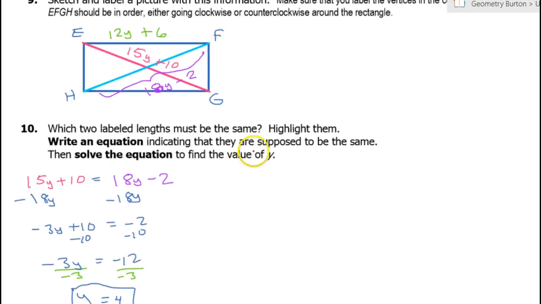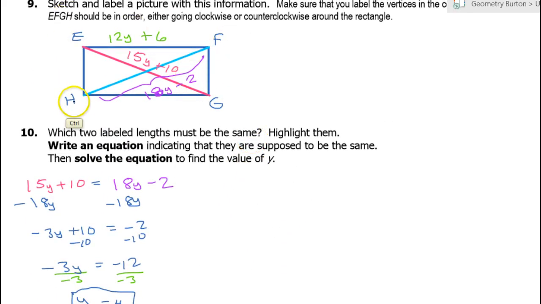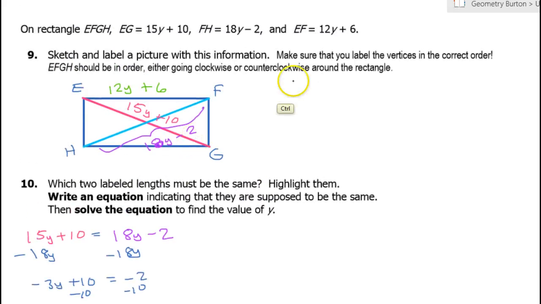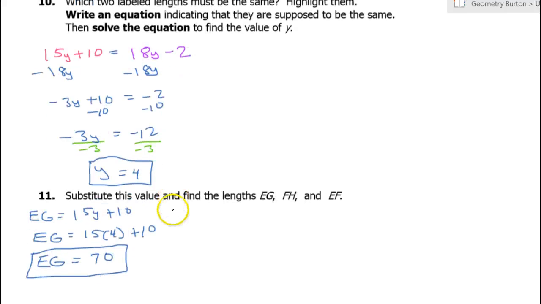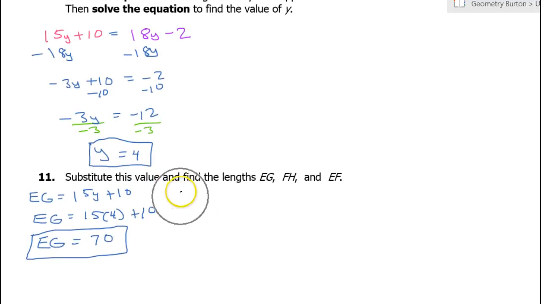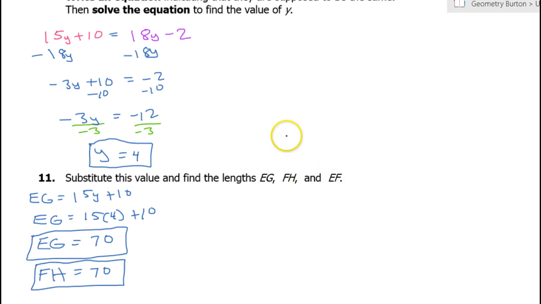Okay, so EG. Now FH, okay, FH is congruent to EG. They're both diagonals of the same rectangle, so they should be equal. So I don't need to work out an equation for this. I just know that FH will also equal 70. Okay, now what about EF?